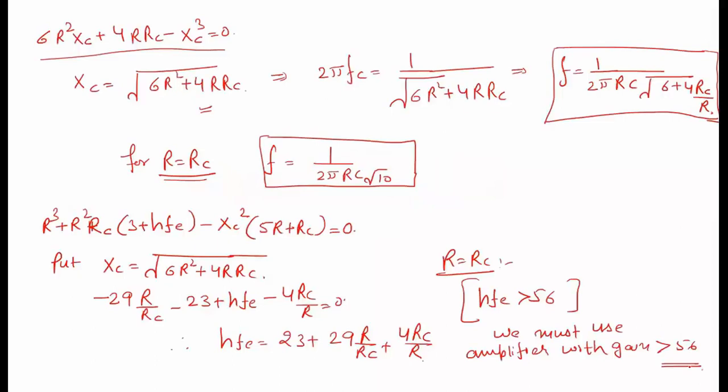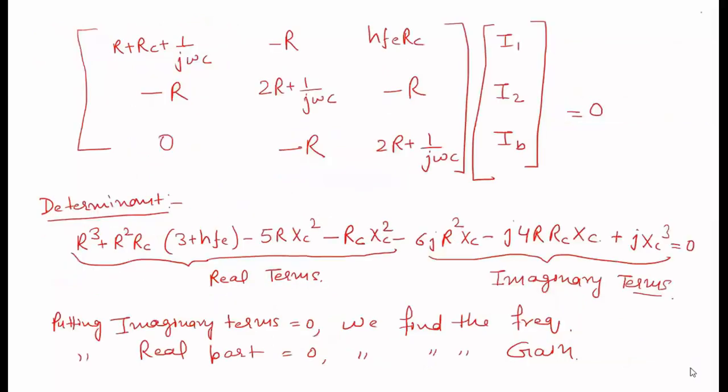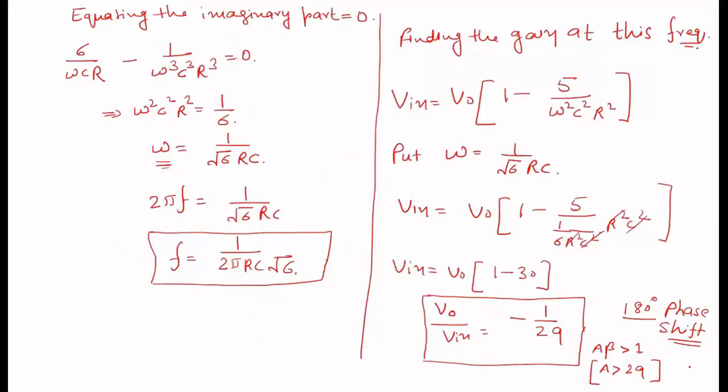So this was all about the practical RC phase shift and the ideal RC phase shift. In the ideal RC phase shift, we have seen that the value of beta is minus 1 by 29, so we have to use an amplifier whose gain is greater than 29.